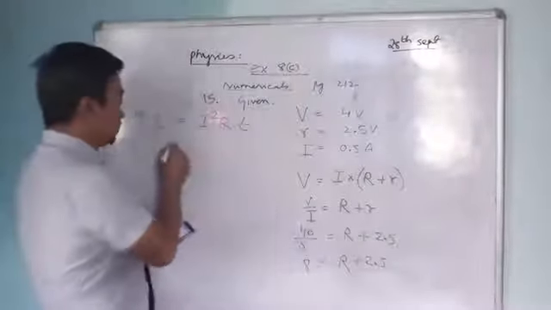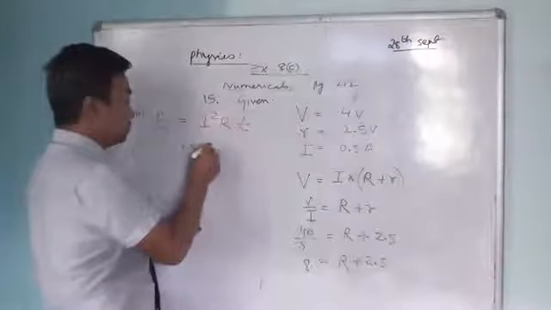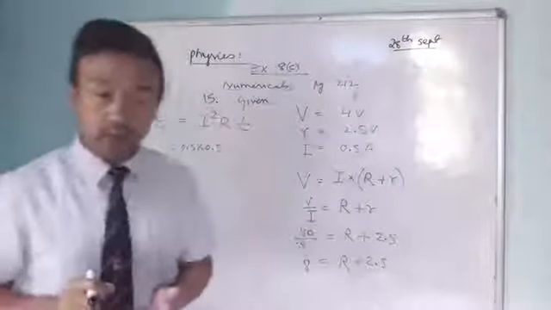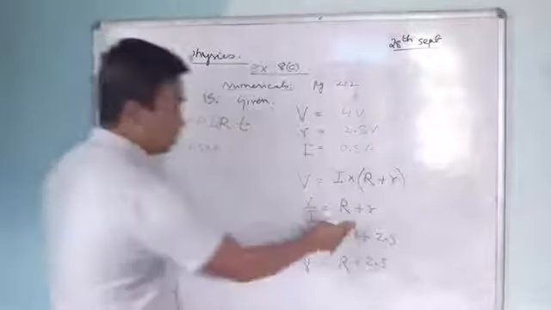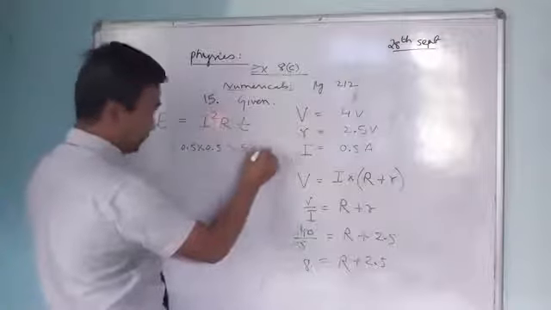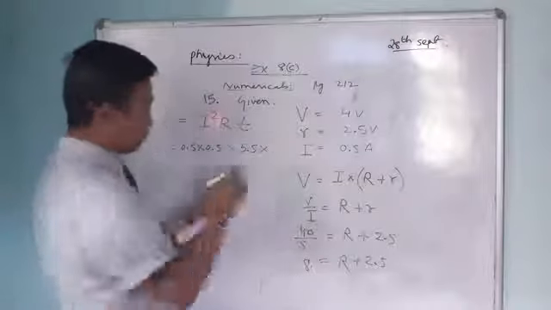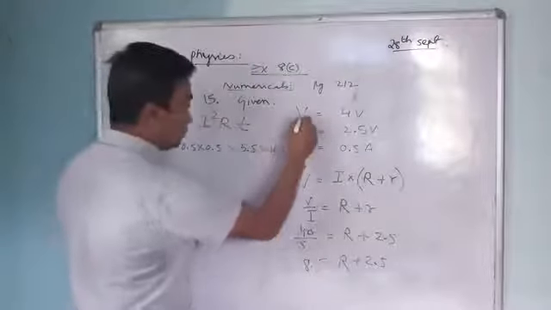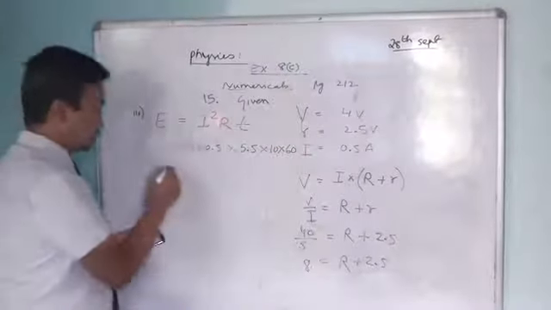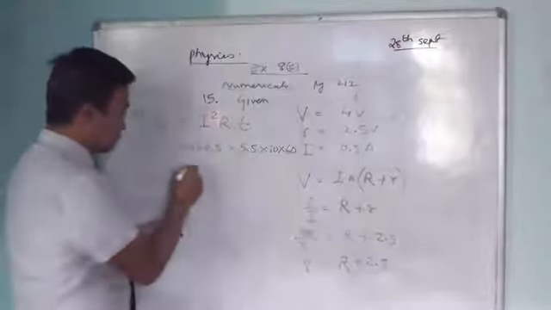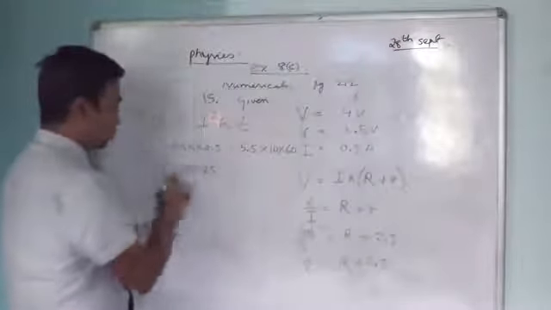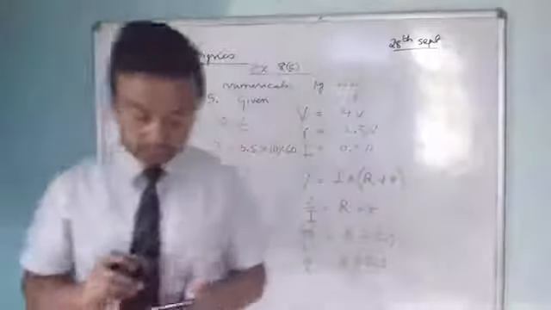What is the current flowing there? 0.5 into 0.5. What is the resistance of the bulb? We got this now only for the bulb. The total resistance is 8, but the resistance of the bulb we got is 5.5. And for how long is it flowing? 10 minutes. Please change that minute into seconds. After doing this multiplication, you will find that the answer will come as 825 joule. So this will be your energy.